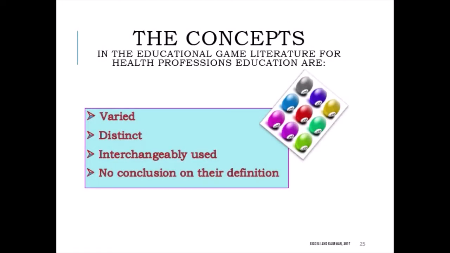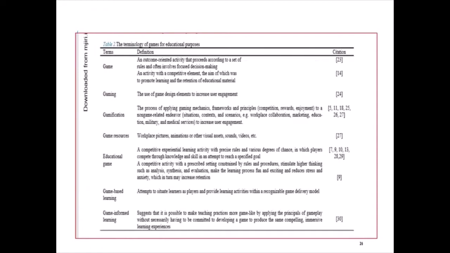In the educational game literature, we confront different concepts that are very distinct, yet can be used interchangeably, and there is no conclusion on their definition. The most commonly used terms are games, gamification, game resources, educational games, game-based learning, and game-informed learning.